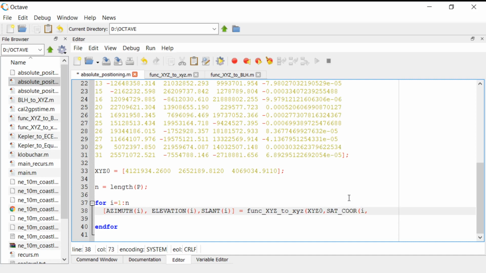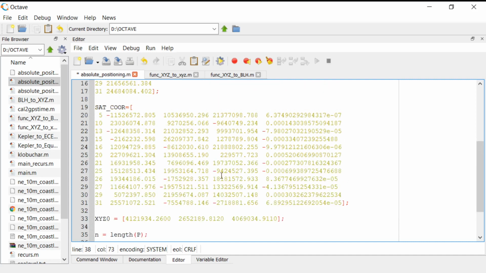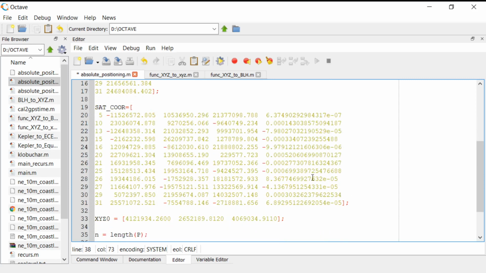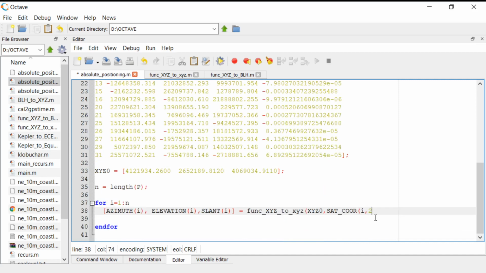Be aware that in the x, y, z matrix the first column corresponds to the satellite number, and the second, third, and fourth columns refer to the satellite's coordinates. That's why I'm writing 2 up to 4 now.